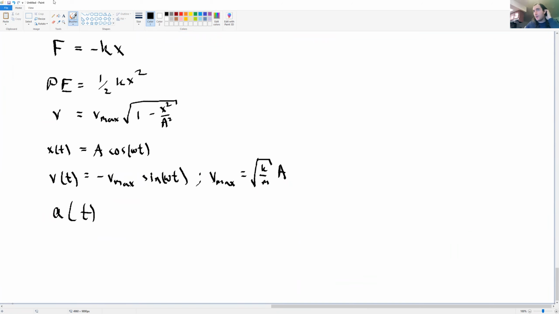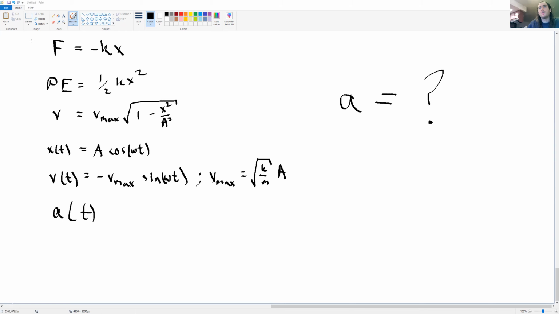But can we connect the acceleration in any way to what we know from this? So does that help?